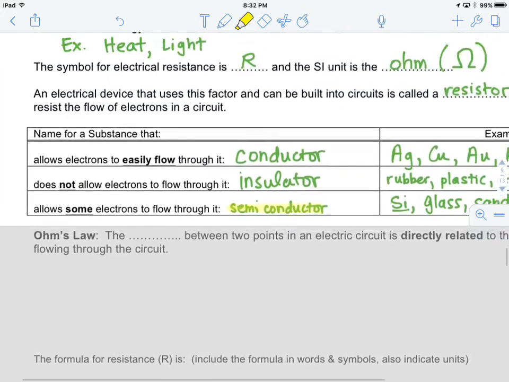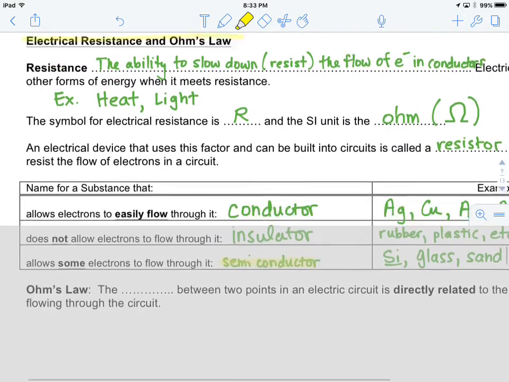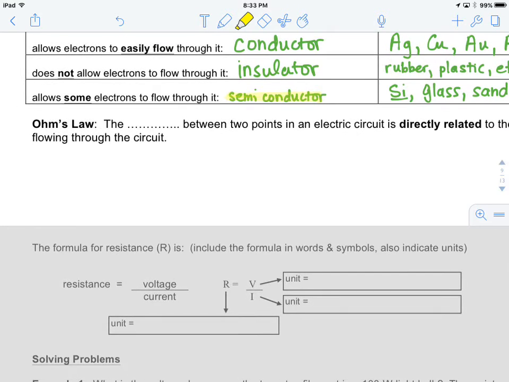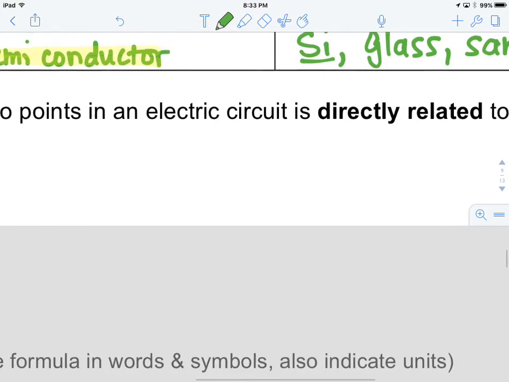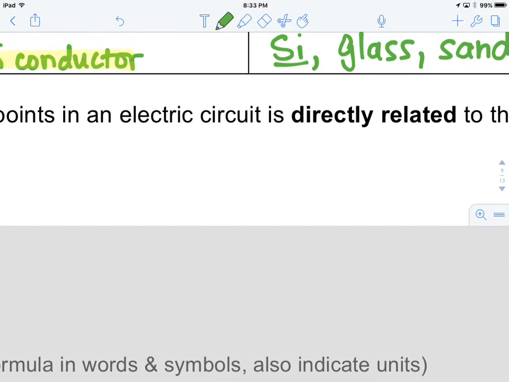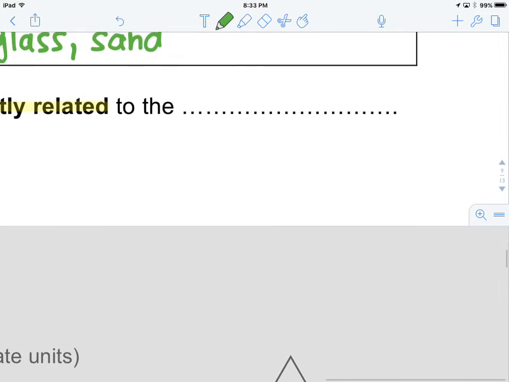So this is what resistance is, and now we're going to talk about Ohm's law for a moment. And Ohm's law states that the voltage between 2 points in an electric circuit is directly related to the electric current.